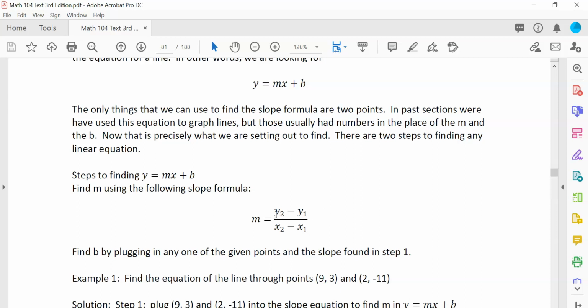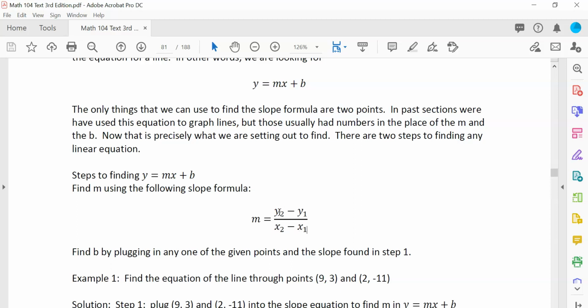But really what this is saying is how far up or down did we travel to get from point 1 to point 2. That's the change in the y value, over how far left and right we traveled to get to the next point. That's the change in the x value. You can memorize this formula; I like memorizing it. It's just the difference in y values over the difference in x values.